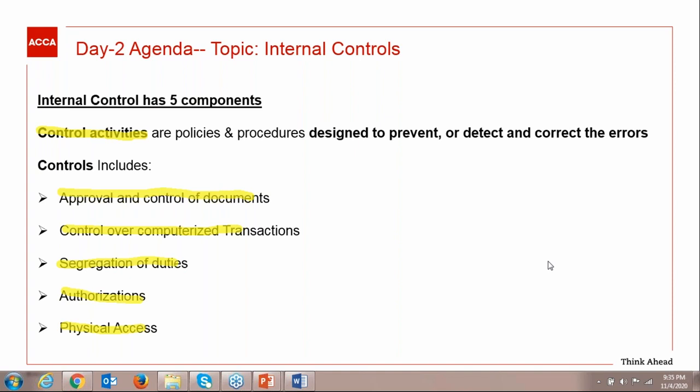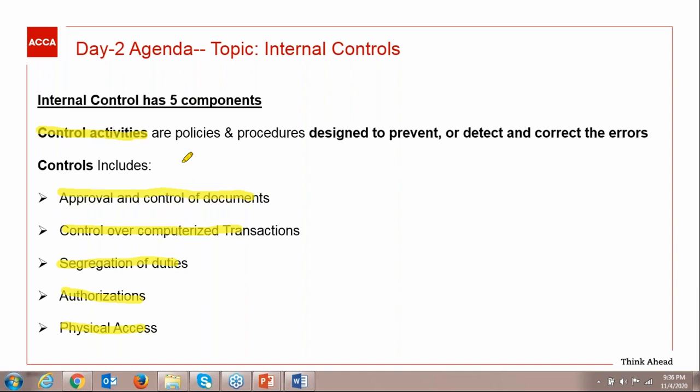These are the control activities to achieve certain control objectives. Control activities help us in achieving the control objective. Please write down this statement: control activities will help us in achieving the control objective.